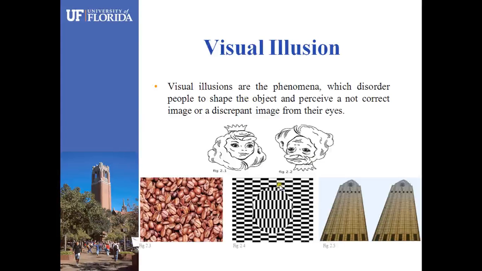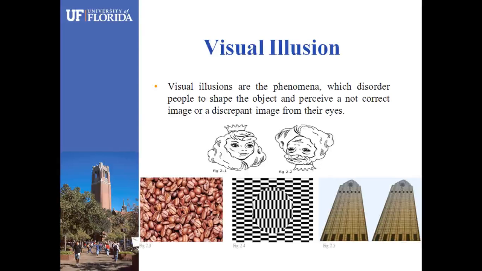I will use these five pictures to explain. Let's see the first two pictures. The first picture is a beautiful woman with a crown on top of her head. But when you rotate it 180 degrees, it becomes an old lady with a big nose. The picture changed completely after rotating.